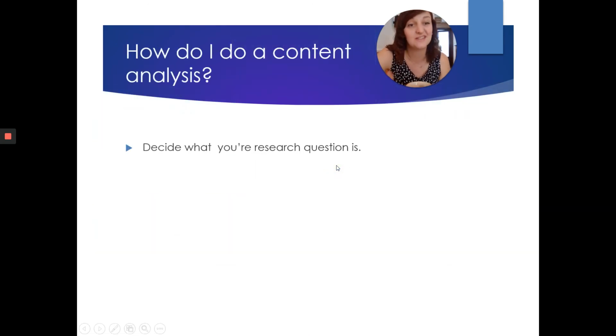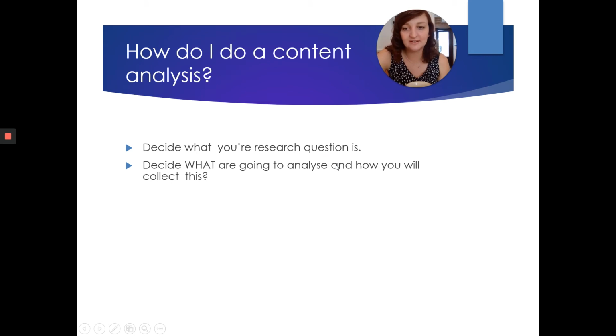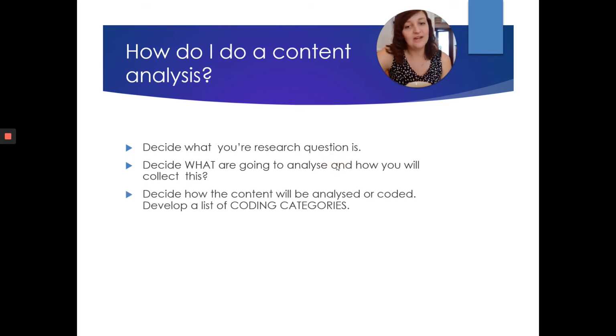So how is it done? Depending on what the research question is, you've got to decide what you are going to analyse and how you'll collect it. Then you've got to think about what the codes are going to be, develop your coding categories, pilot it, so put it out there. So let's say it's an interview on your experiences in sixth form.